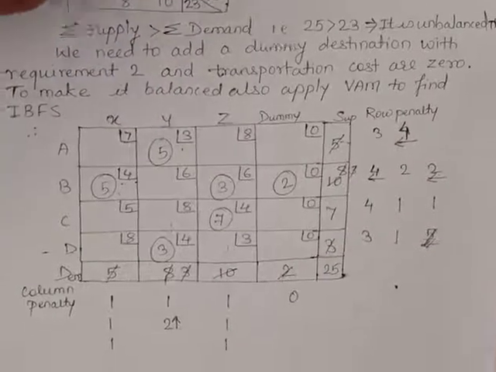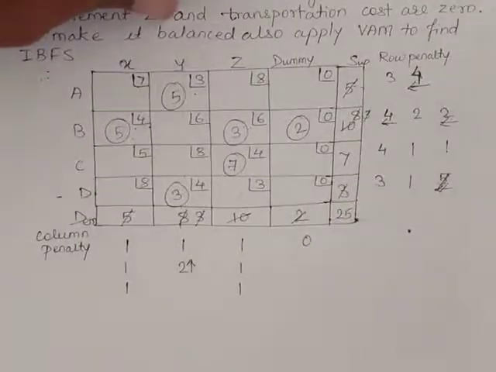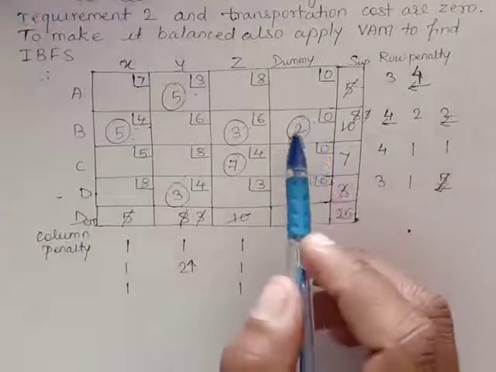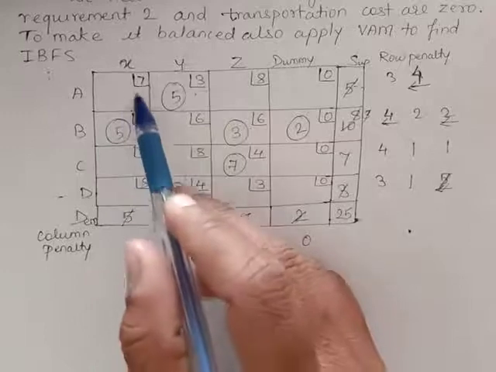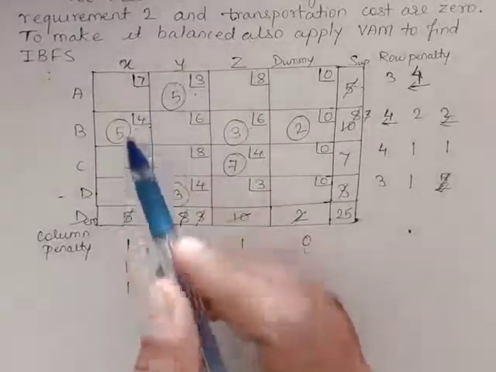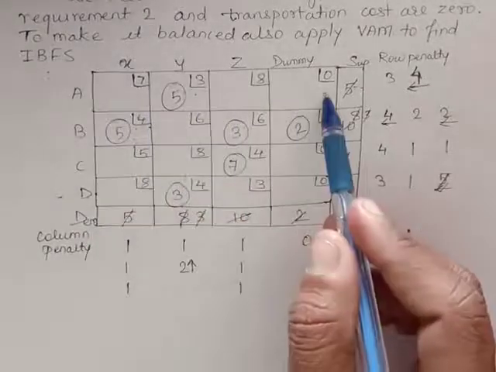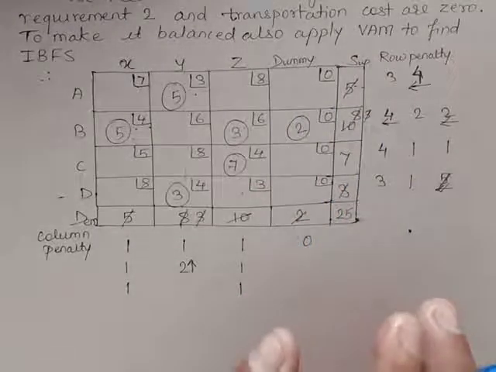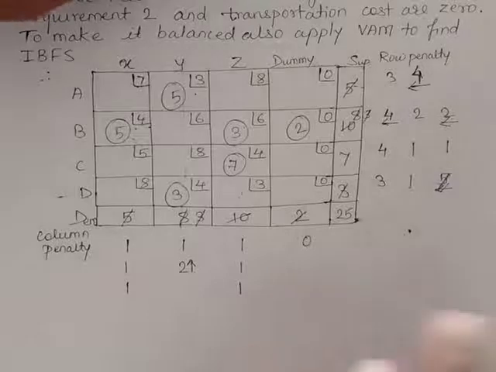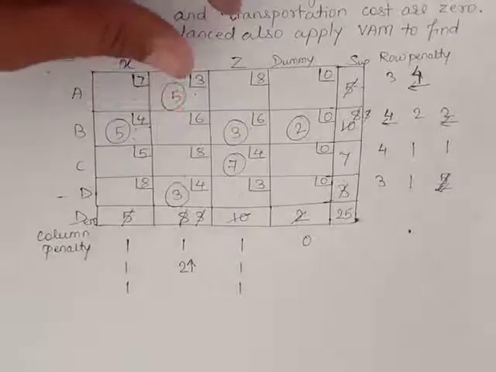So all the constraints are satisfied. So this is a feasible solution. So how many allocations are there? 1, 2, 3, 4, 5, 6. But the number of rows is 4, number of columns is 4. So 4 plus 4, 8 minus 1 will be 7. So this is not a basic feasible solution. Again degeneracy occurs. So what can we say here?